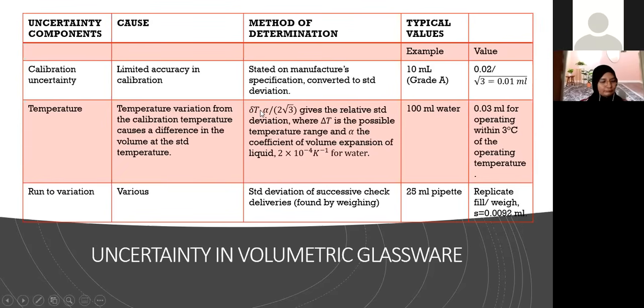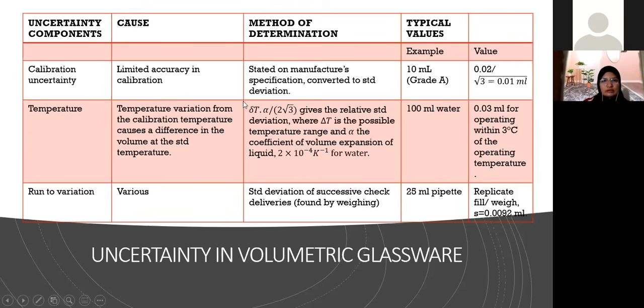The method of determination for temperature: temperature variation from the calibration temperature causes a difference in the volume, because volume expands together with temperature.